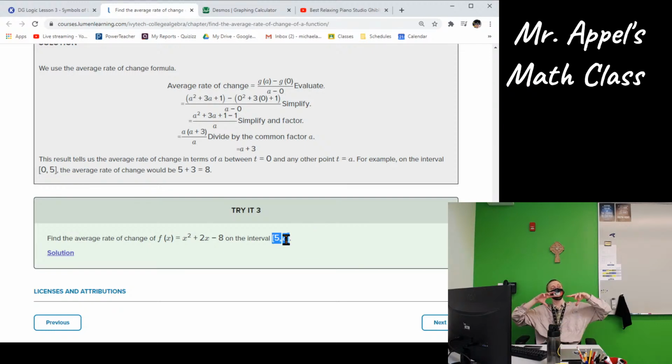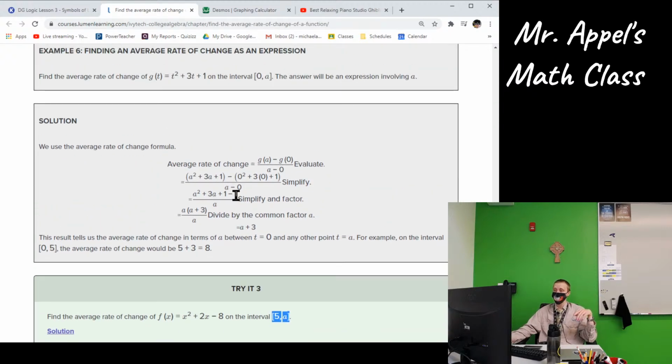Because I want you to find the general case, right? What you're going to do is you're going to come up with, look at this example here, equation of our function, interval 0 to A. So the expression will be involving A. You'll have some answer that says, hey, the rate of change is 2A, or whatever it ends up being, right? Whatever you want to find it out to be, it's always going to be twice that.